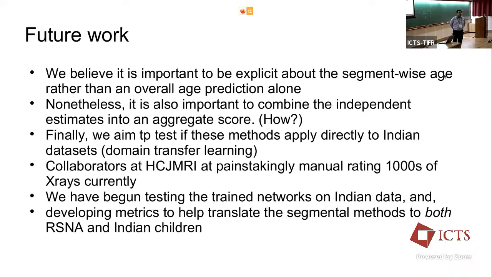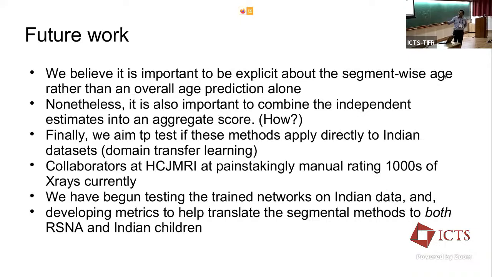Finally, we want to use the networks that we built on the RSNA dataset, which is a widely applicable dataset because it's sort of the go-to set for an international population. But we want to use techniques from domain transfer learning to specialize what that network would do, or translate it to Indian populations.